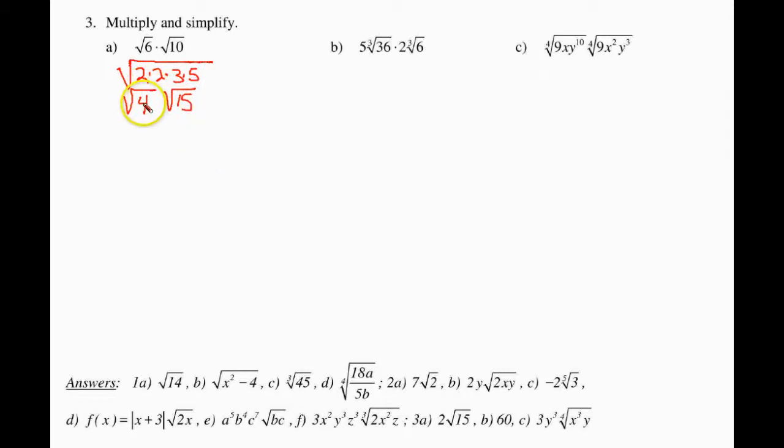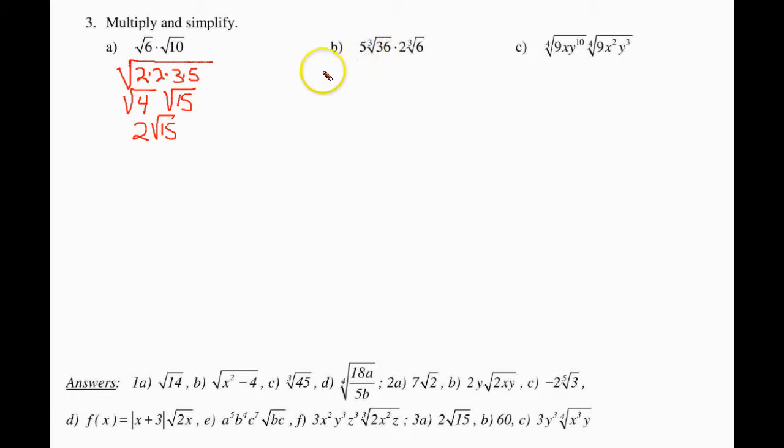What is the square root of 4? 2. 2, the square root of 15. Now this would have been the square root of 60, and 4 times 15 is 60. This is just another way to possibly do it.